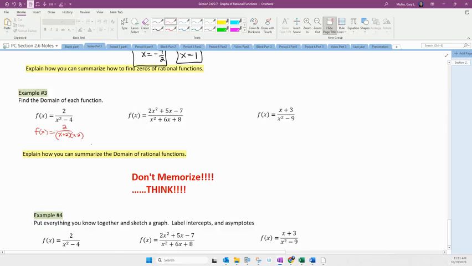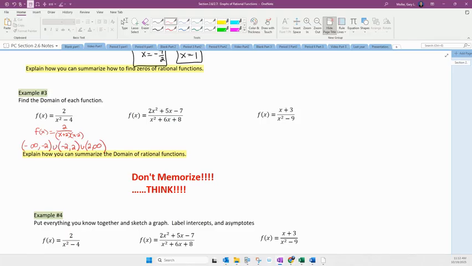So the domain is going to be negative infinity to negative 2, not including negative 2. Also, between negative 2 and 2 is fine. Also, greater than 2 is fine. In other words, we have vertical asymptotes at negative 2 and positive 2.